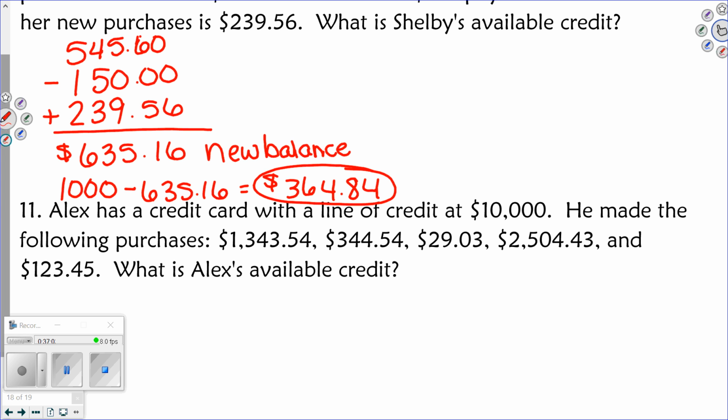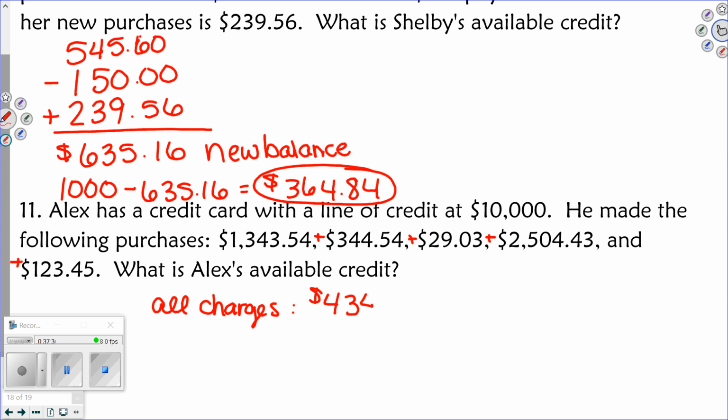Perfect. So Amanda's like, well, let's just add up all of these, right? We're going to add all of his charges, see how much he spent. What was that? That's on the second line there. So all the charges that he made, double check what I got versus you.